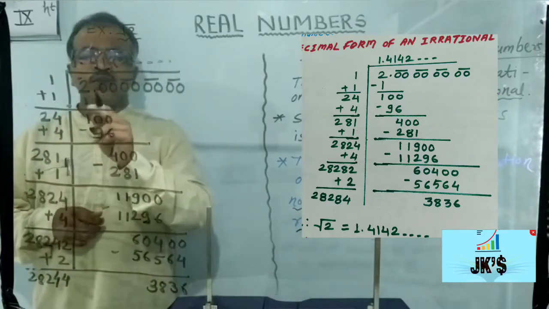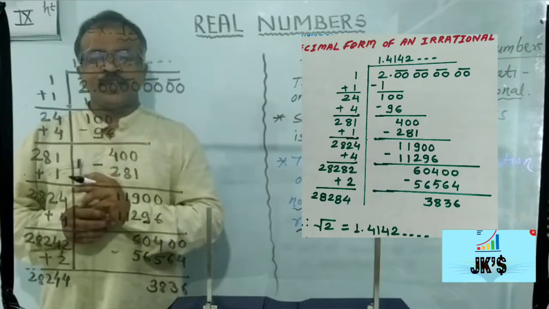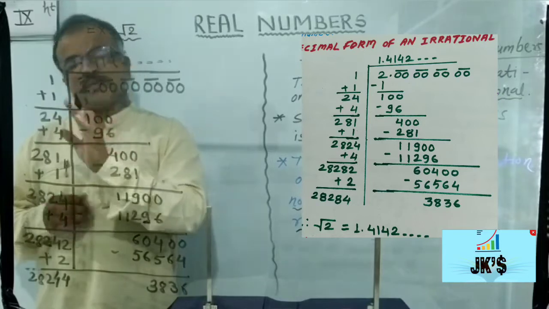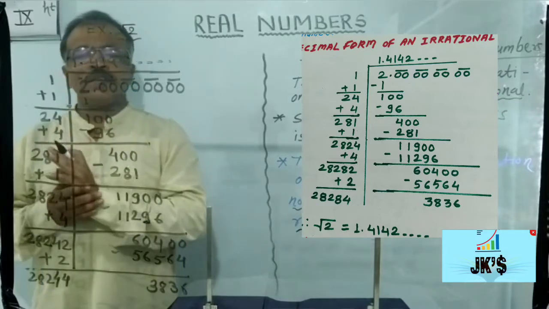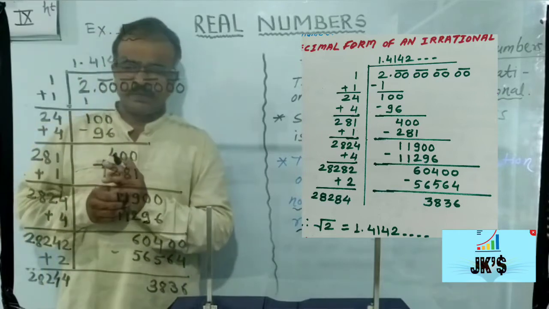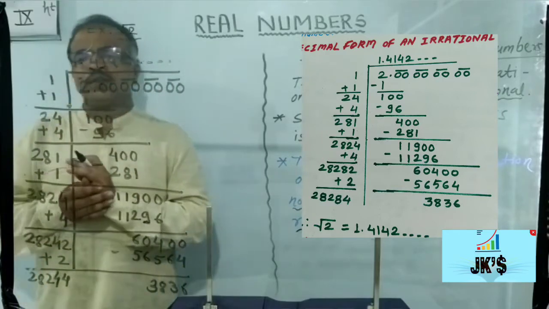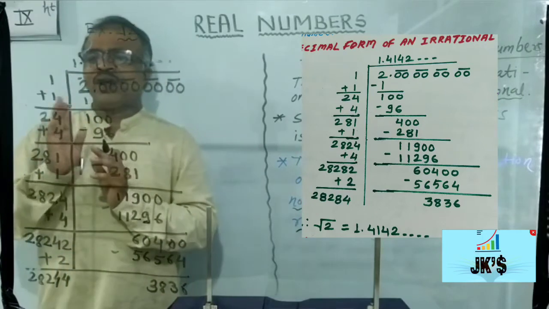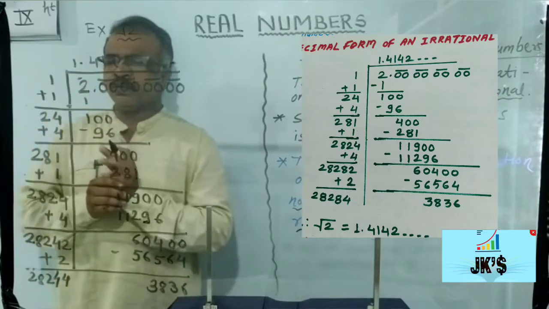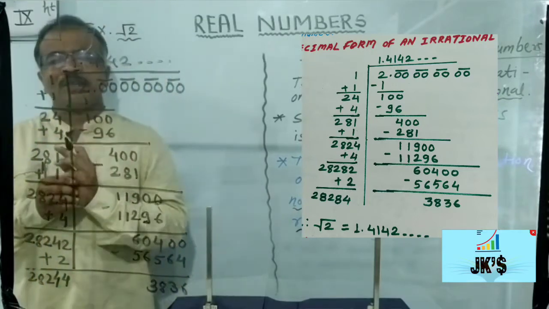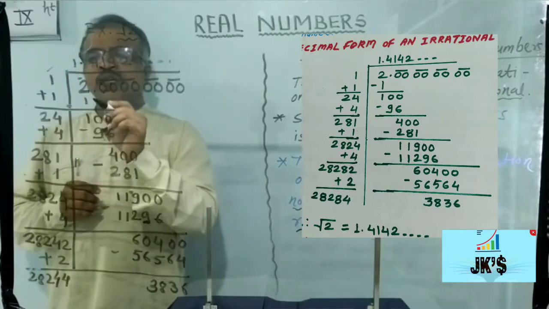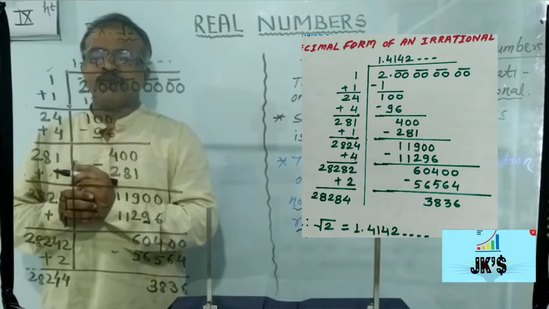We take 2 and give the decimal, taking pairs of zeros as groups. 2 is a single group and each 00 is a group. We find a number whose square is 2 or less than 2. Obviously it is 1, whose square is 1, less than 2.